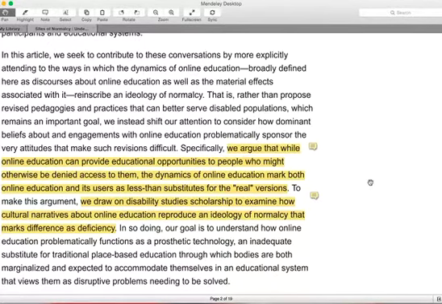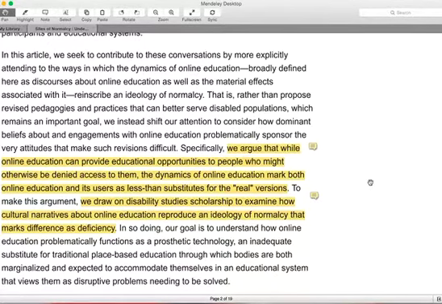For example, I see they begin with a quick review of the scope of the field, the scope of scholarly conversations happening in disability studies and online education. From there, they identify a gap. Then they propose to fill that gap with their own project.